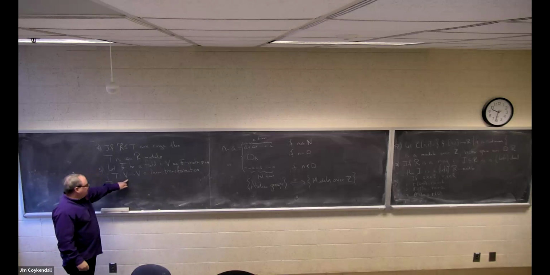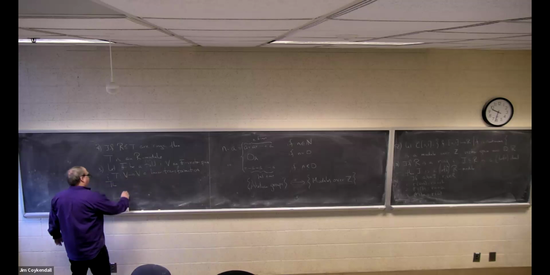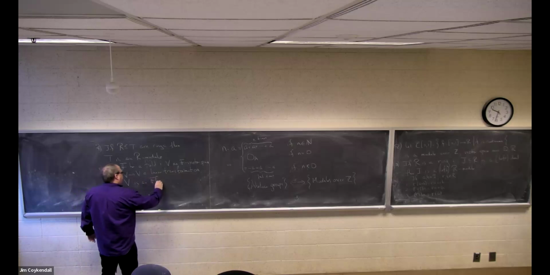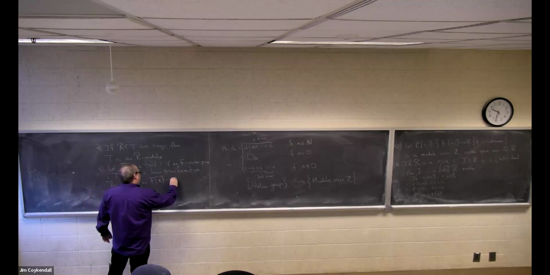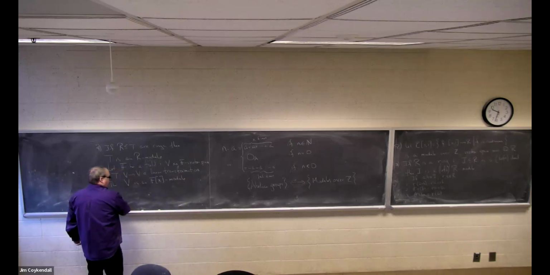Notice, of course, V is already an F module, right? Because it's a vector space. But actually, I'm going to make this a module over the polynomial ring. Notice this is polynomials. It's no longer a field.